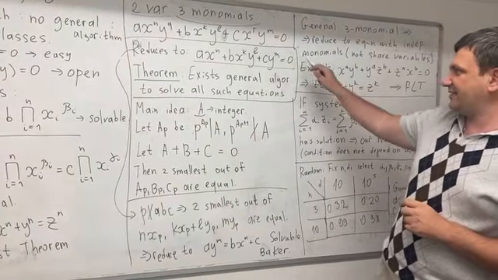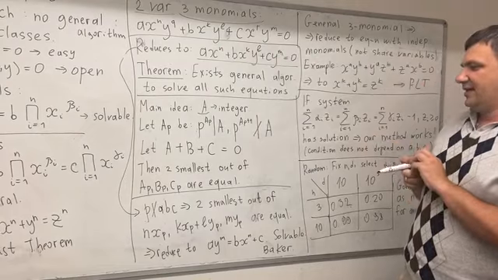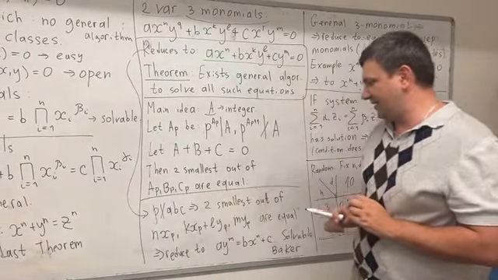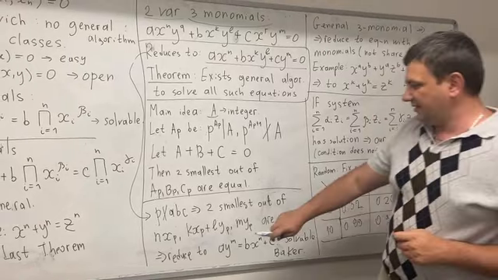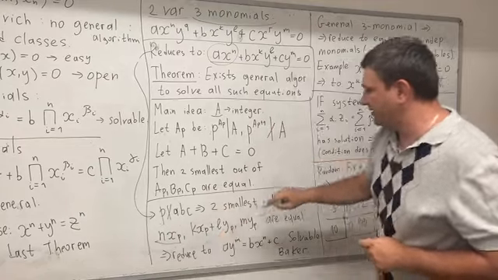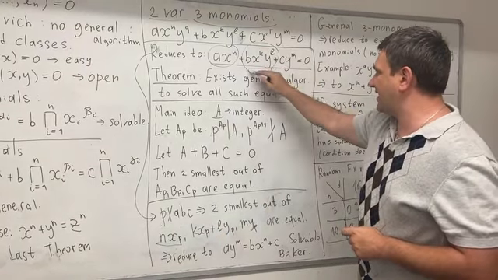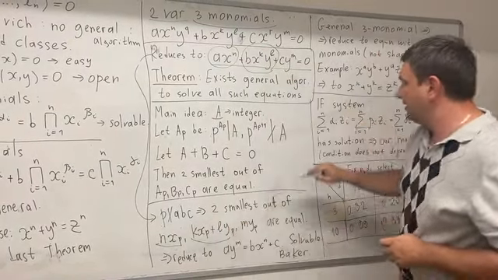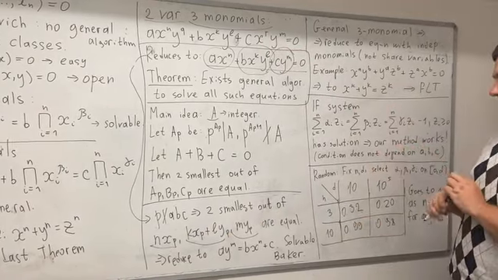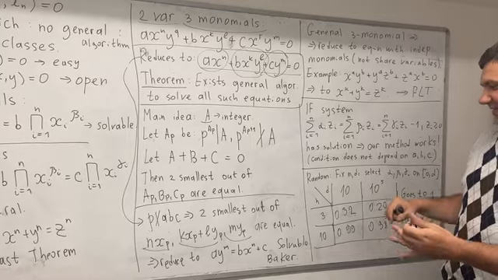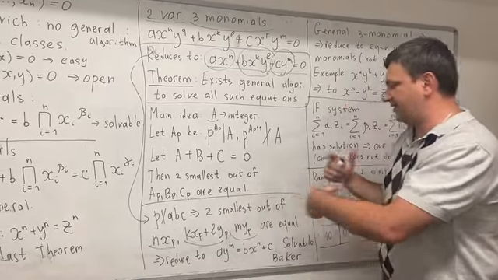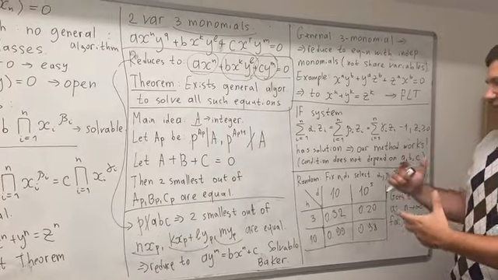If we apply this result to our equation, we get that for any p which is not a factor of a, b, c, the exponent with which p enters the first monomial is this one, the exponent in the second monomial is this one, and the exponent in the third monomial is this one. So the three exponents must be equal, and from this we can easily get some relations on the exponents.